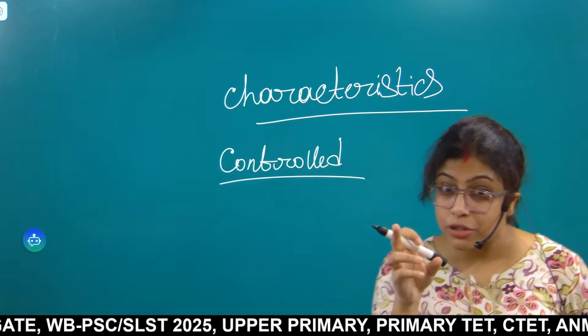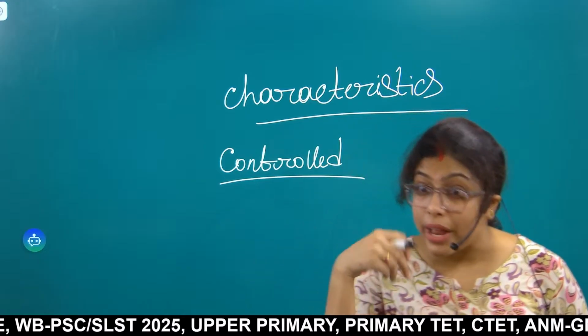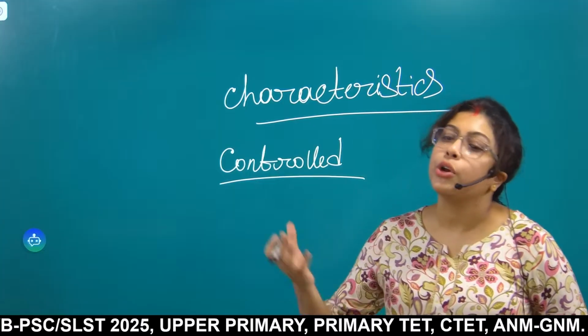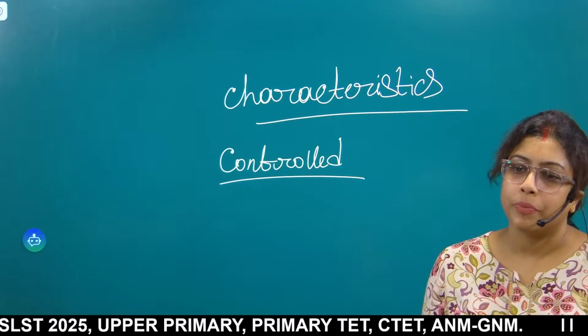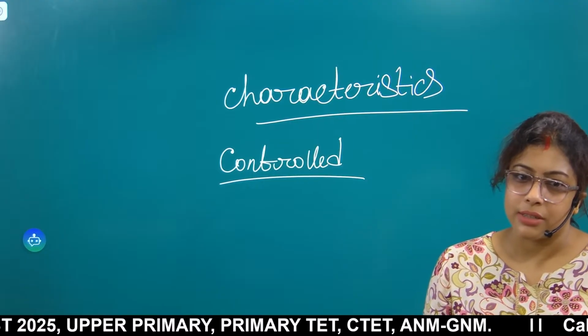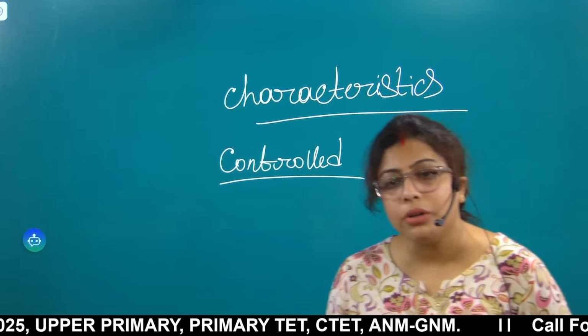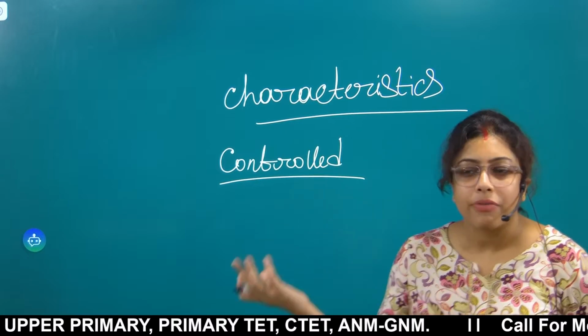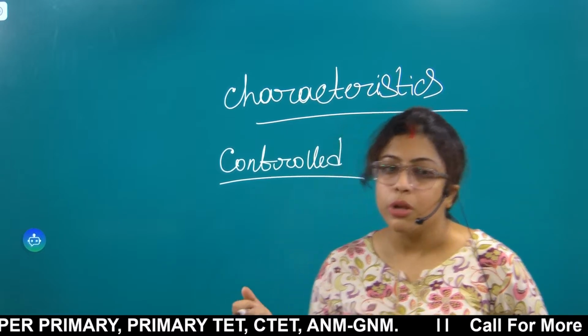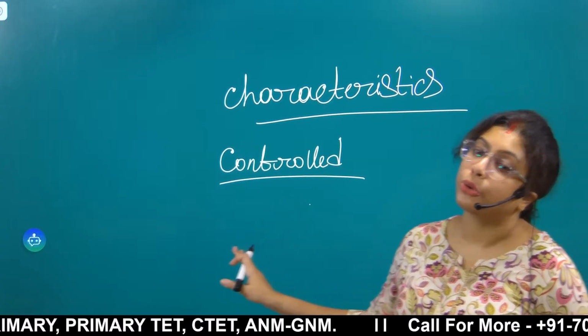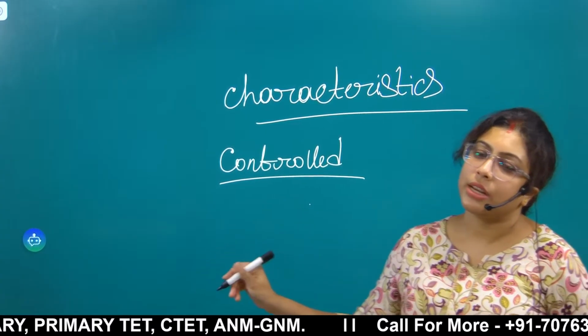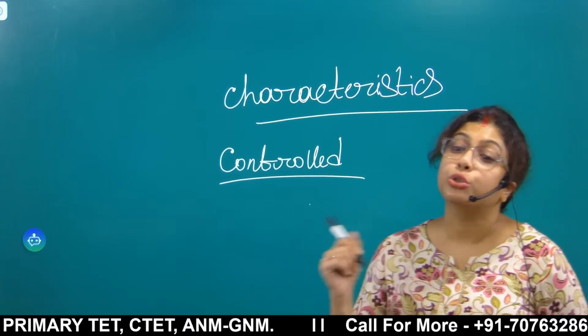I have already mentioned the word systematic. So when you are being systematic, you already are practicing a kind of control, isn't it? Being systematic already refers to a certain kind of control. So research stimulates a certain kind of control. It is to be done within a controlled situation.